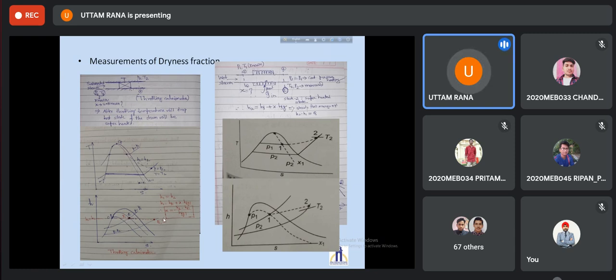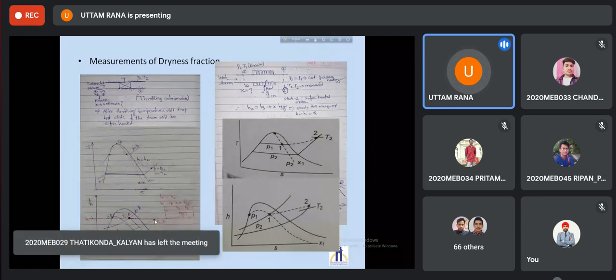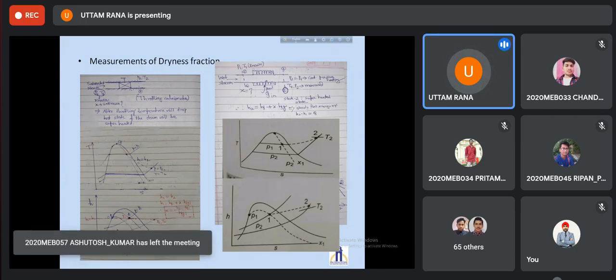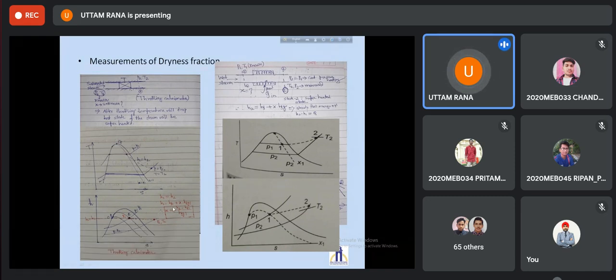P1 and P2 are two constant pressure lines which are diverging. If you throttle from pressure 1 to pressure 2, depending upon the value of pressure 2, it will lie at some point on H1 equal to constant. If the pressure is such that it ends up in the superheated region, we can find pressure and temperature at that state, and use this formula to find the quality of the steam.